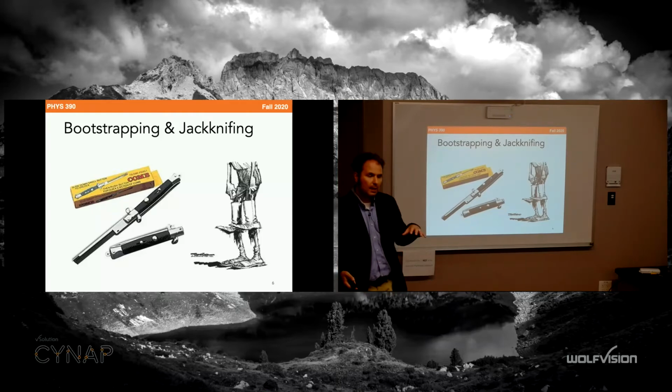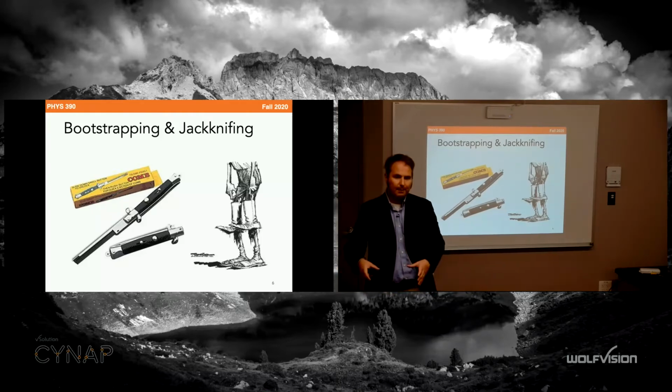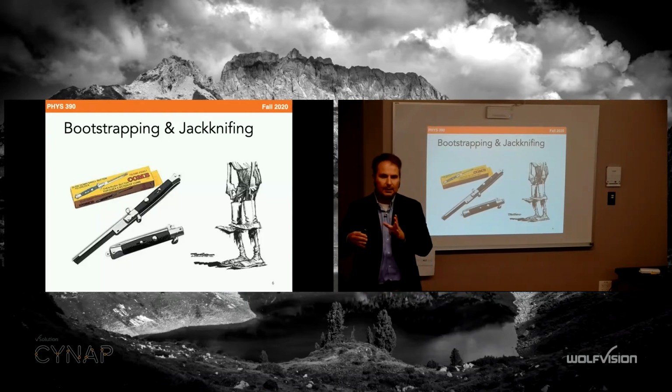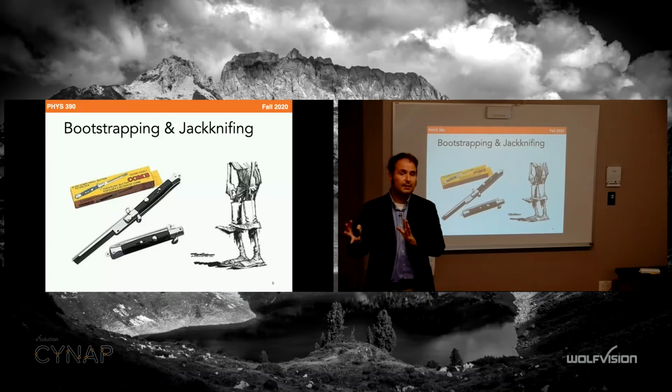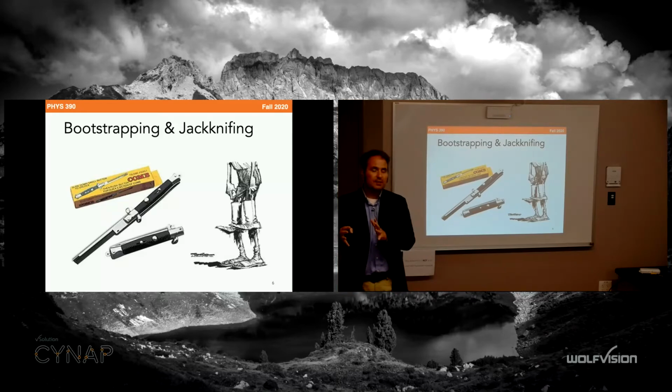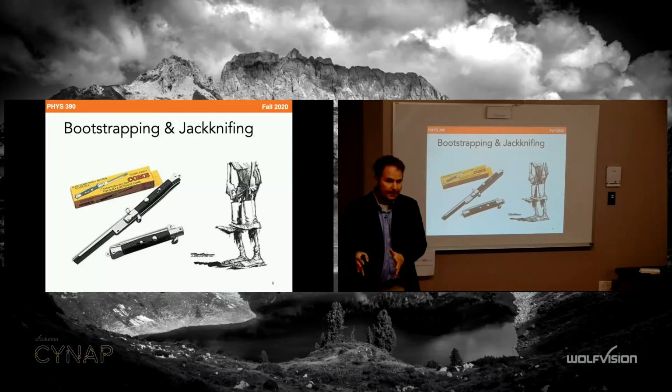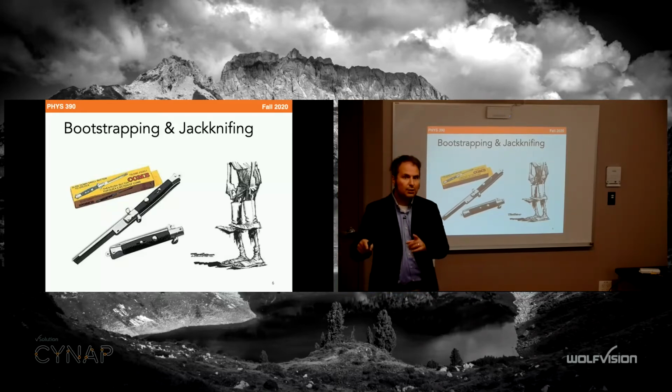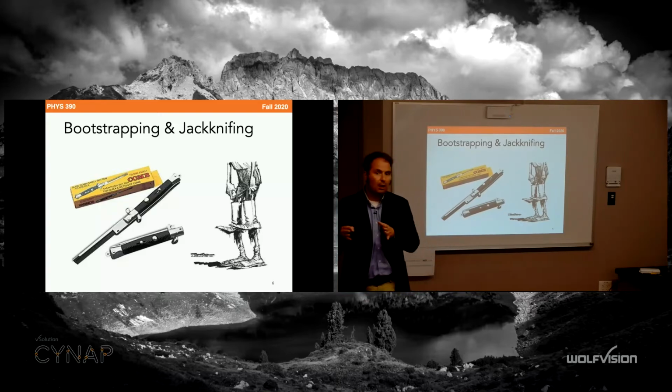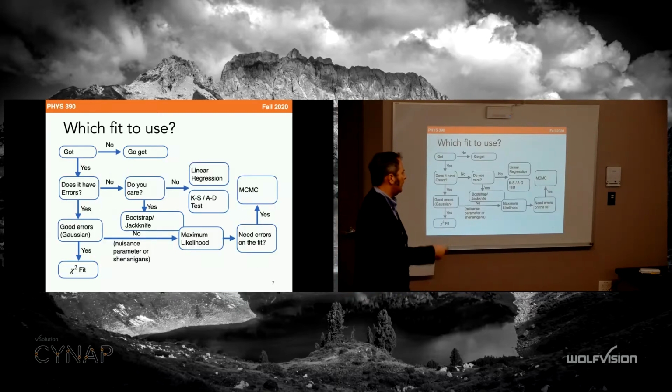So I subsample my data, I fit my models, and then I get a distribution of values for which I take the mean and the standard deviation, and that gives me the uncertainties. But the underlying assumption is that the mean and the standard deviation are a good description of the confidence level for the inferred parameters.